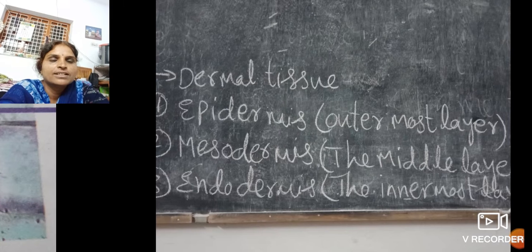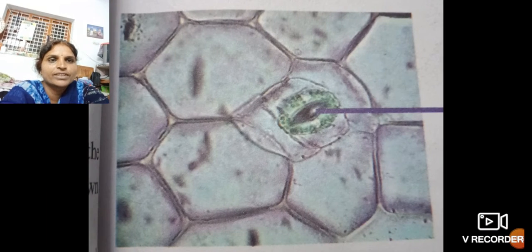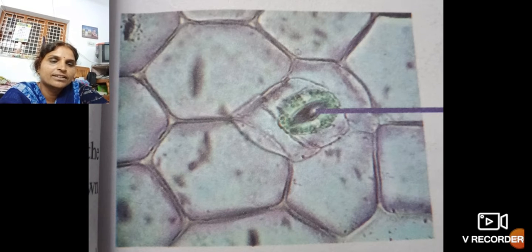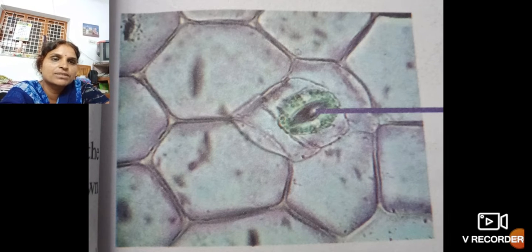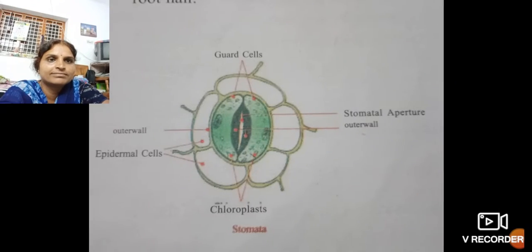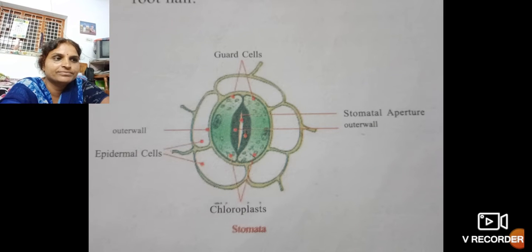The surface of the epidermis has small pores, shown in green color in this picture. Did you see the small pores? They are called stomata. See in this picture, this is the stomata.